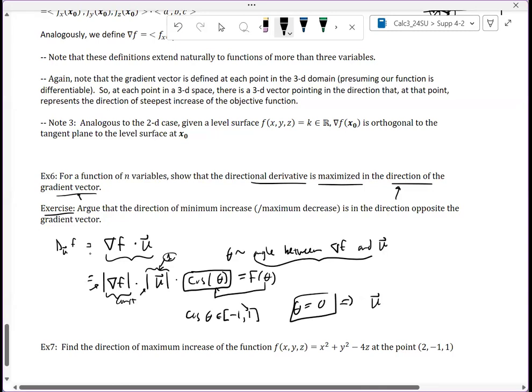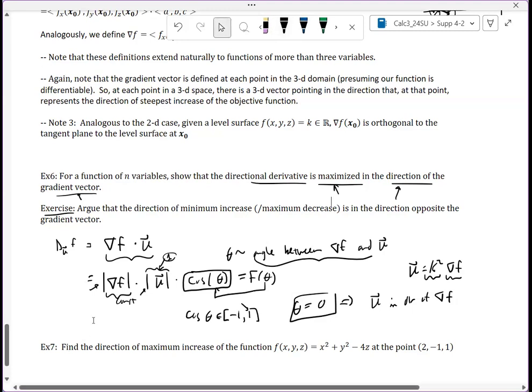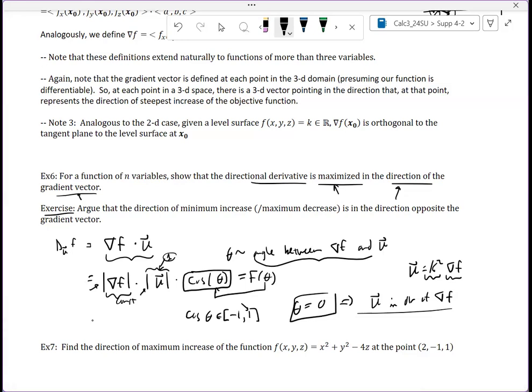This says that the direction u is in the direction of grad f, or u equals, say, k times grad f, a positive constant times the gradient. u is in the same direction as the gradient in order to maximize our increase. So this is another, maybe a little more subtle, more elegant way to show that the gradient vector is the direction of maximal increase.